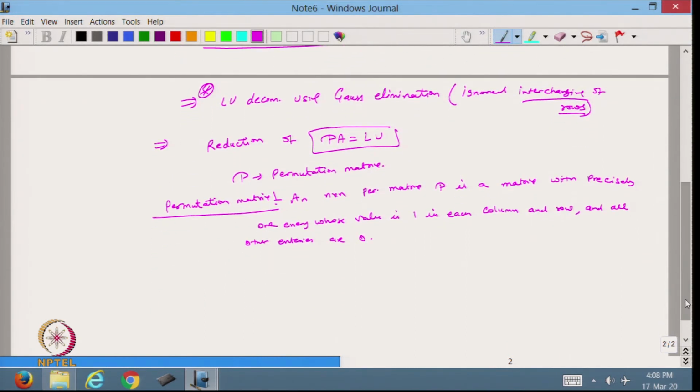For example, suppose I take the matrix 0 0 1 0; 1 0 0 0; 0 1 0 0; 0 0 0 1. This 4 by 4 matrix is a permutation matrix, with only one element in each row and each column.